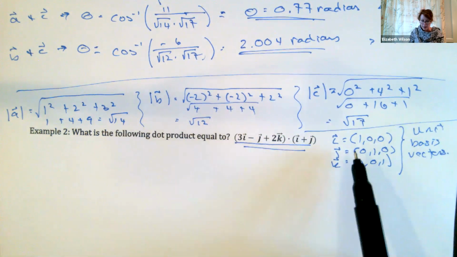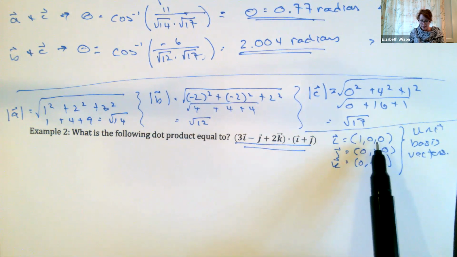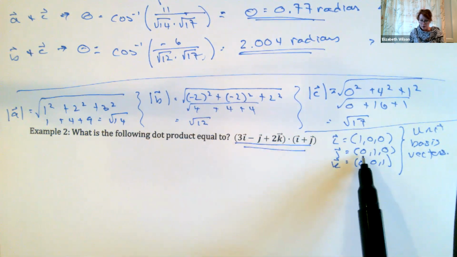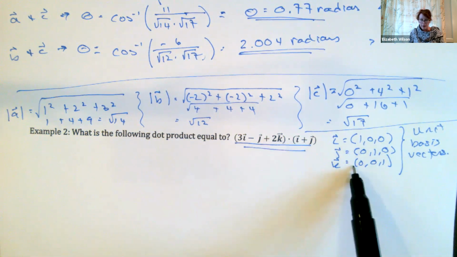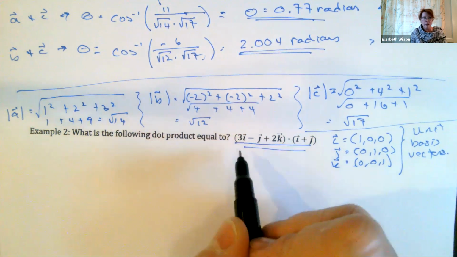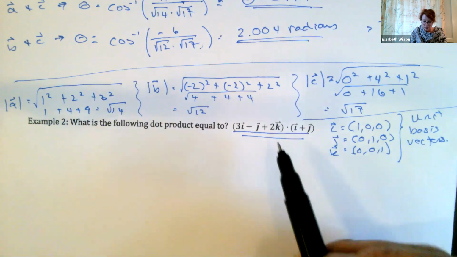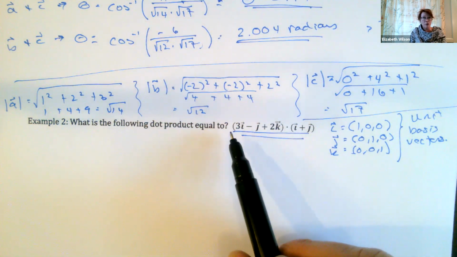So if I multiply 3 times i, that's like saying 3, 0, 0, minus 1 times j would be 0, minus 1, 0, plus 2 times k, 0, 0, 2. I can add them all up and get a vector. I can do this in one of two ways. I can multiply this out as though it were just i, j, and k, and we'll do that as well.